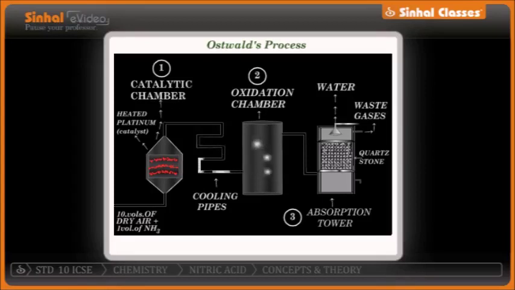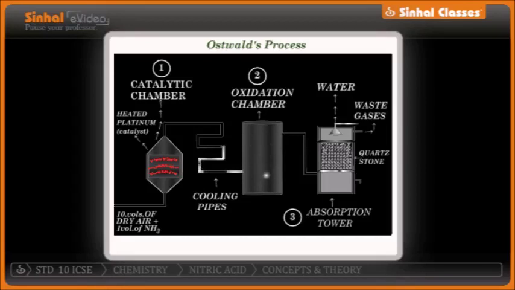In oxidation chamber, nitric oxide is further oxidized to form nitrogen dioxide. But this time you have to be careful. Keep the temperature around 50 degrees Celsius. If you keep a temperature above 50 degrees Celsius, then there are possibilities that NO might decompose.